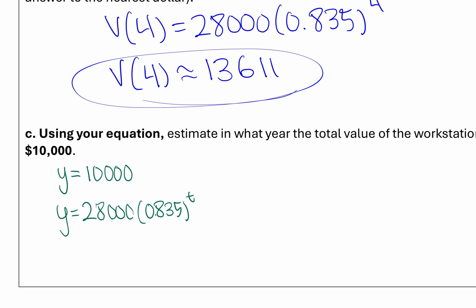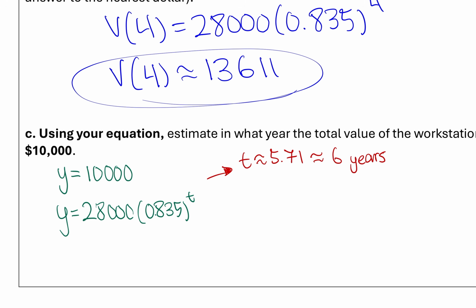Let's see. Okay, so we got the point of intersection. When rounded to the nearest hundredths place, t is going to be approximately 5.71. But if we round that to the nearest year, this is going to turn into 6 years.